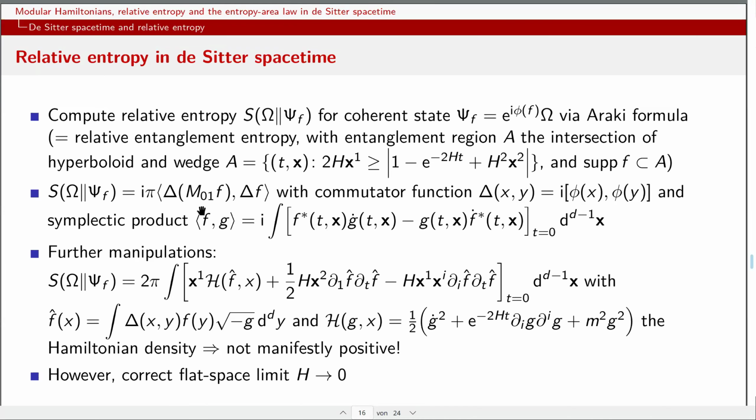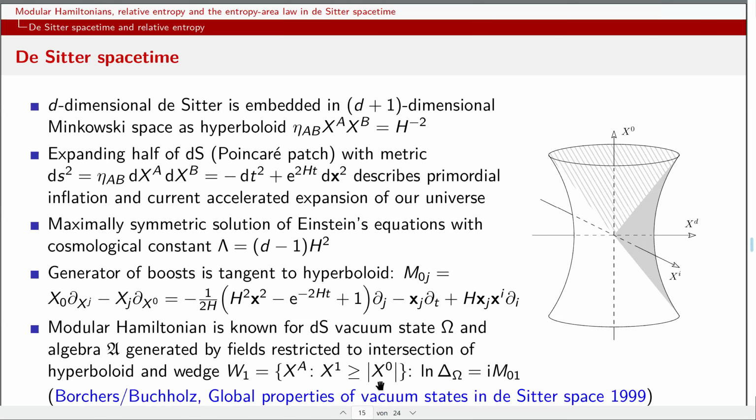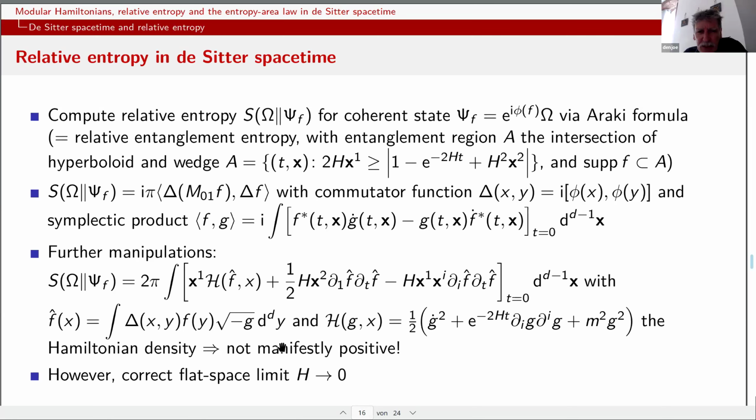Also, the generator of the boosts will change because now you have to take the interacting stress tensor to define it. But conceptually, the formula is rigid, because the modular Hamiltonian applies even to interacting theories. The details of the theory enter in the dependence of the boost generator on the fields and on the commutator function.